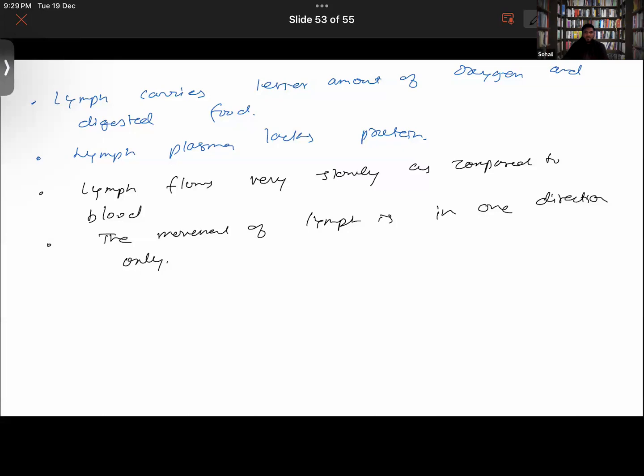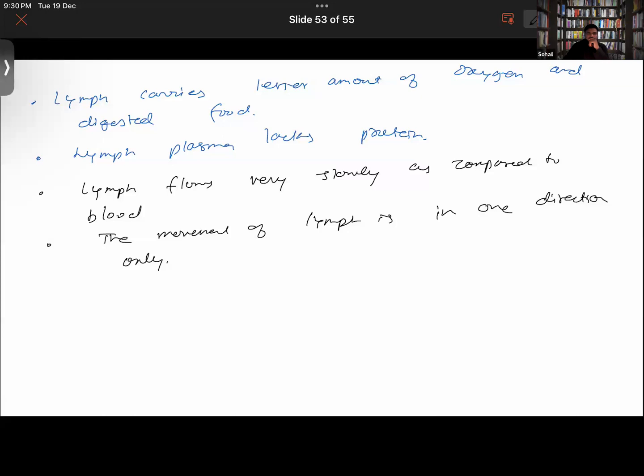So what are the main functions of the lymphatic system? Sir, lymph carries a lesser amount of oxygen. Lymph plasma lacks protein.